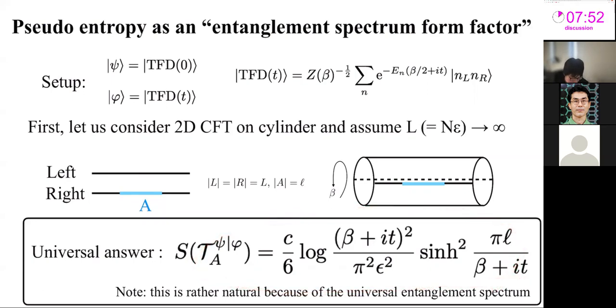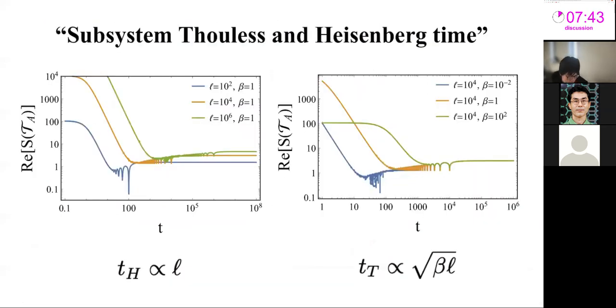Okay, and it's rather natural to have a universal answer because our entanglement Hamiltonian is also universal. But first of all, I can see some characteristic times.